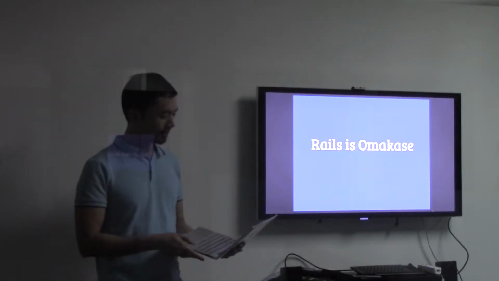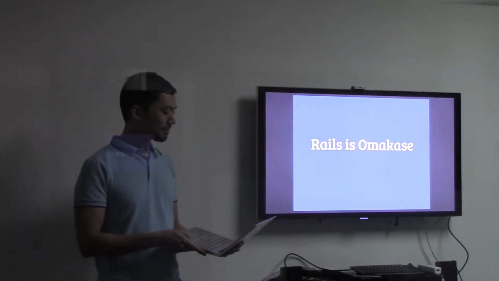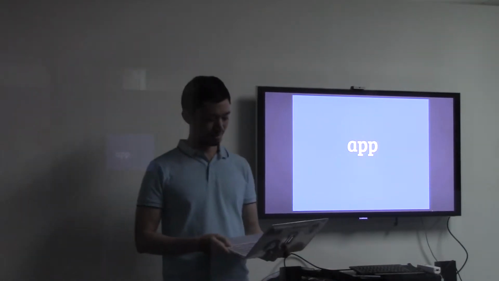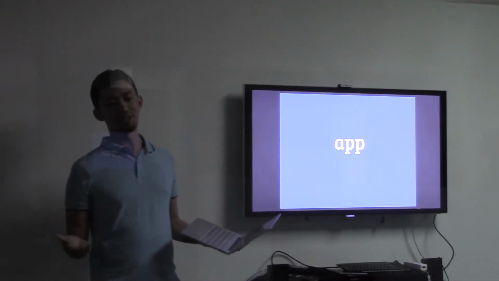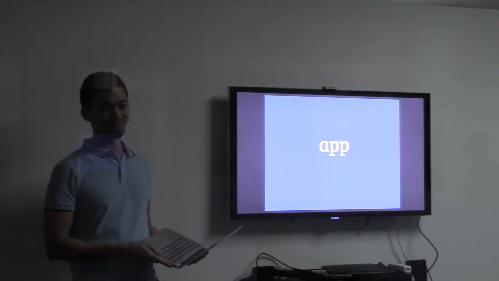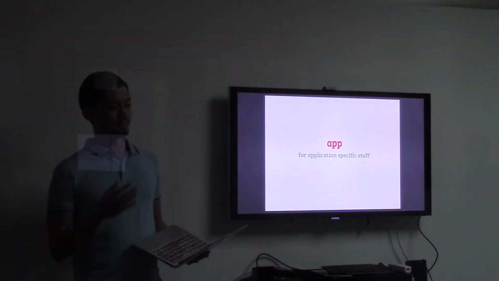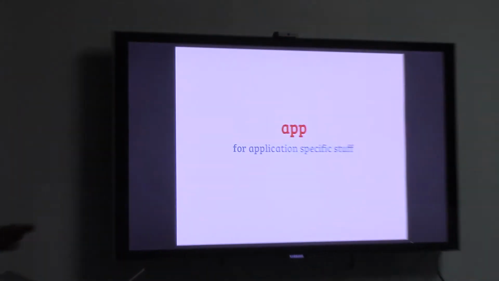I guess over the years I've come to do a few things. Just for the ones who aren't familiar, in your Rails application there's a directory called app, and in there I put application-specific code.